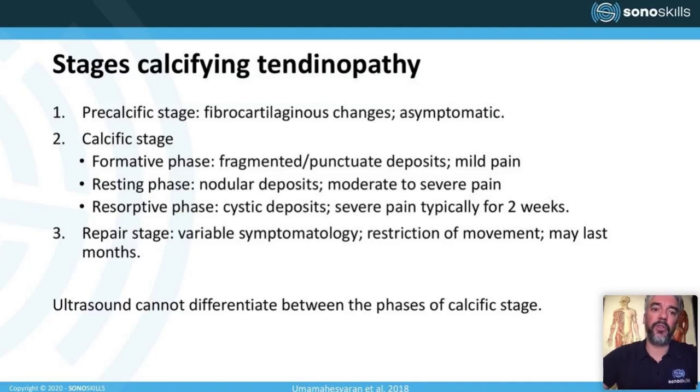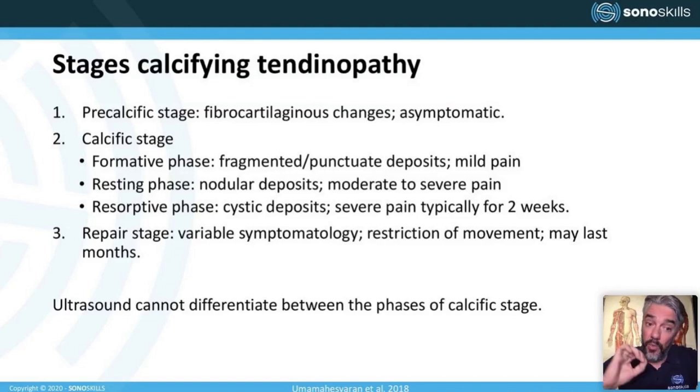So calcifications, the calcifying tendinopathy process has several stages. The pre-calcific stage, the calcific stage, and the repair stage. And in the first stage, the pre-calcific stage, changes are happening within the tendon, and it's mainly asymptomatic. And then you enter at one point the calcific stage, which has 3 subphases. In the formative phase, you are feeling a little bit of mild pain.